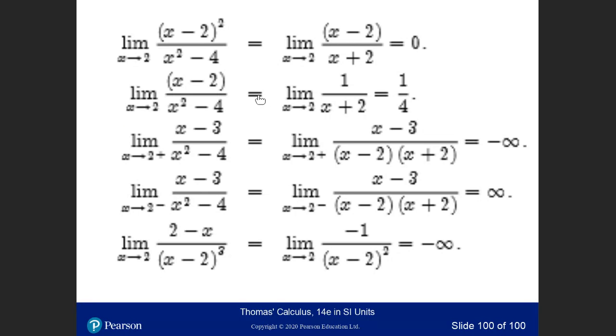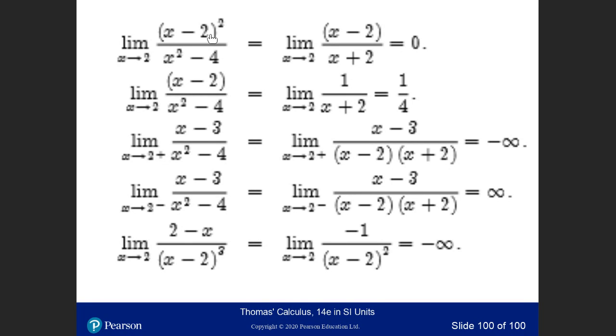Let's look at now certain limits. Here we have x minus 2 squared divided by x squared minus 4. Now, I'm going to look at the limit as x approaches 2. That's 0 over 0, because when I put x is equal to 2, the result is 0 in the numerator and 0 in the denominator.